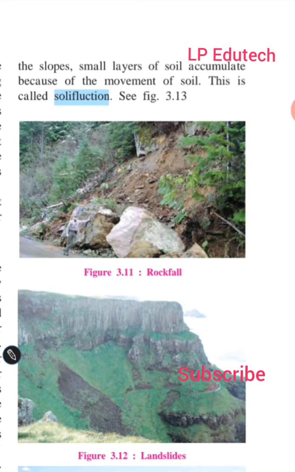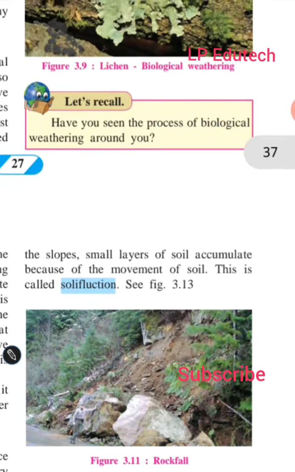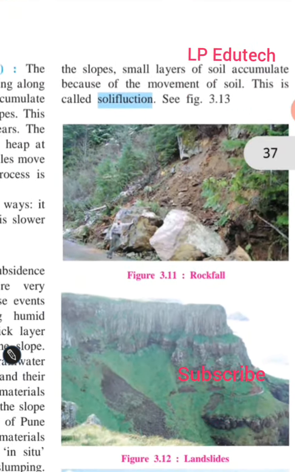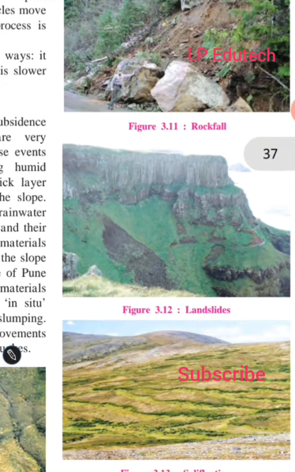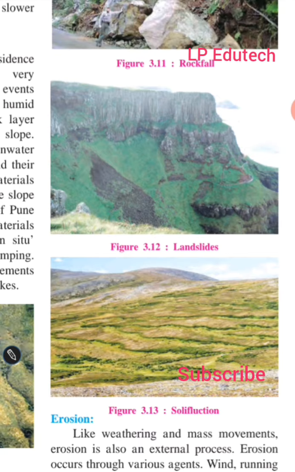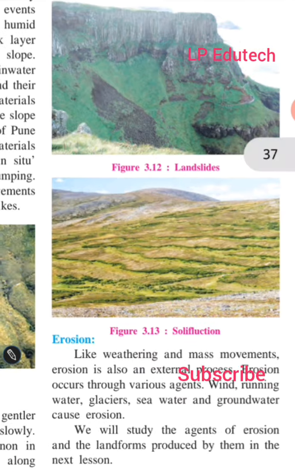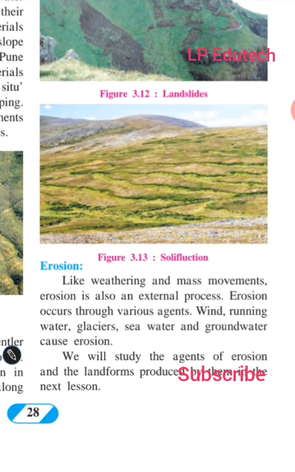This is called solifluction. See this example, the rock fall. These are the slopes, where small layers of soil accumulate because of the movement of the soil. Rock falls, landslide, figures 3.11, 3.12 and 3.13. And this figure is solifluction, 3.13.